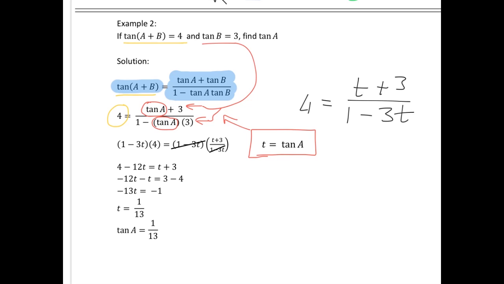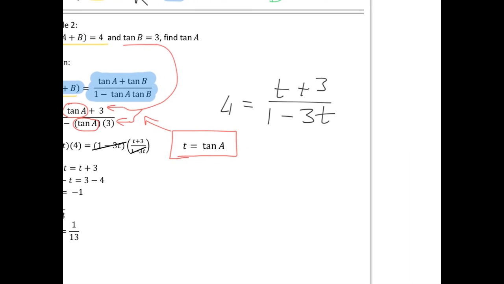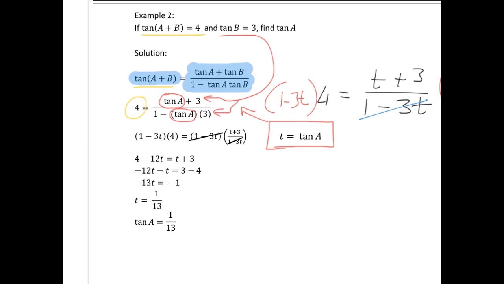Then if I multiply both sides of this equation by 1 minus 3t, like so, we see that the 1 minus 3t cancels on our right hand side, leaving us with this equation over here. 4 minus 12t is equal to t plus 3.